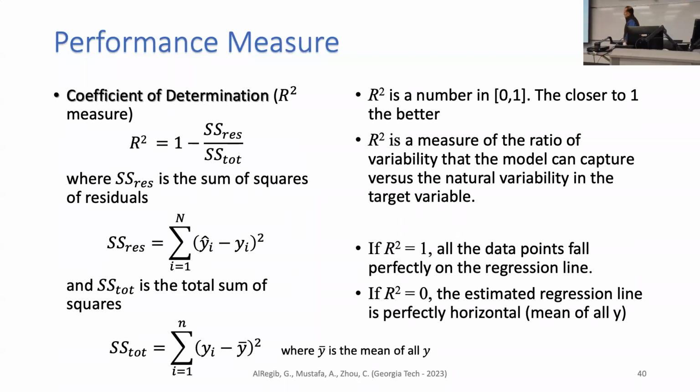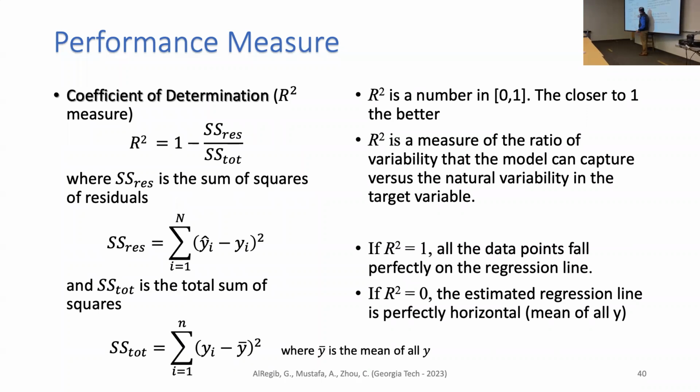Another very common one is the coefficient of determination. Maybe you saw this in another class. We would like this to be equal to 1 because this is 1 minus the ratio between two numbers. The first number looks at the difference between your predictions and the ground truth, so the average of the residuals.